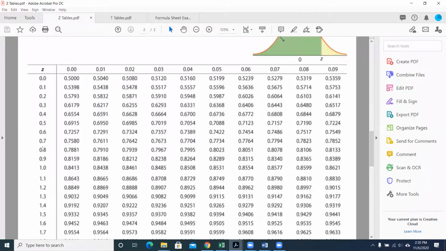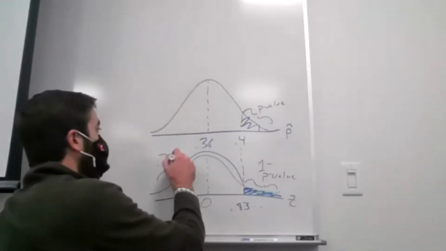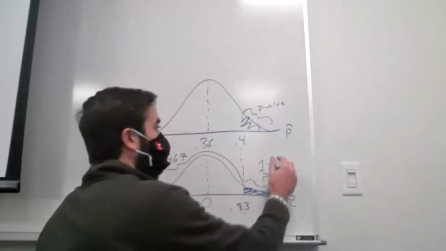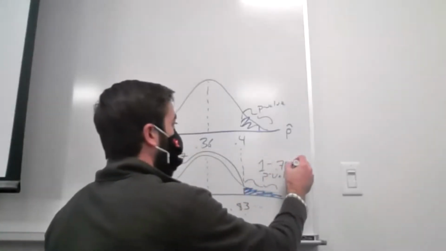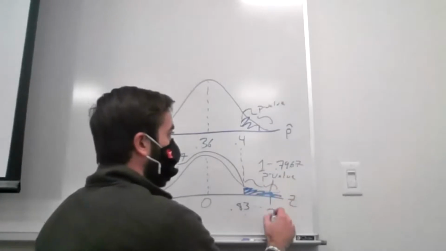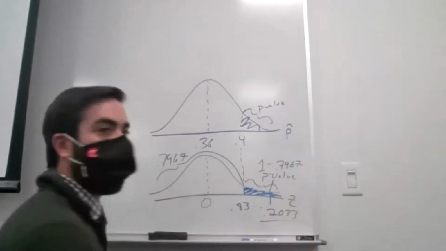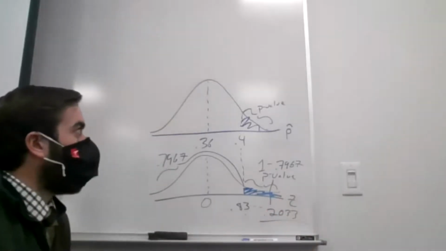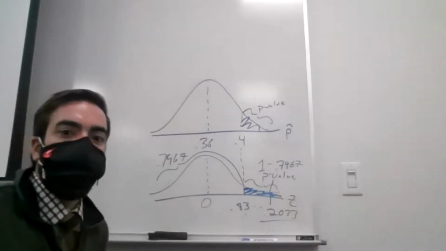So 0.83, the area to the left is 0.7967, right? I wanted the area to the right. So my p-value is going to be 0.2033. Okay. So my p-value is 0.2033 there.